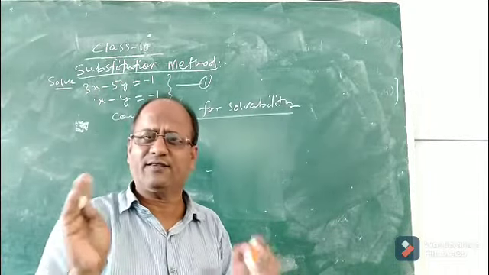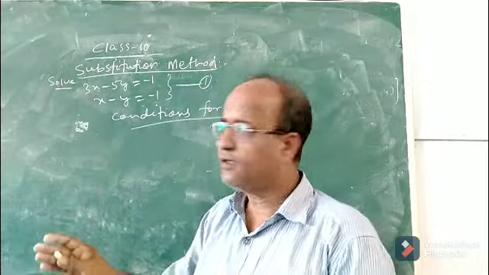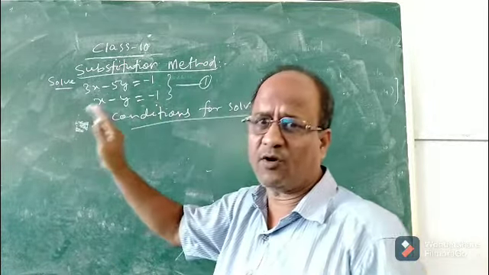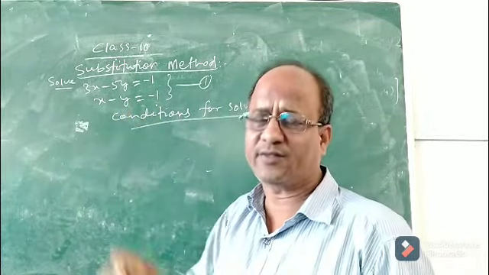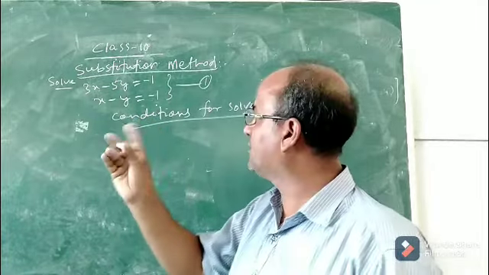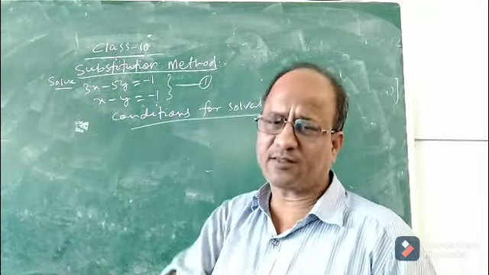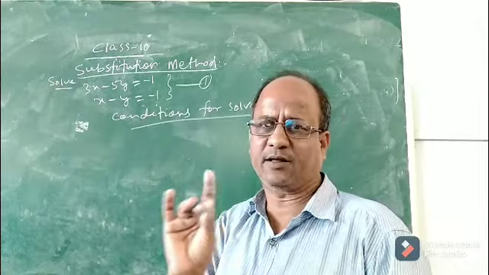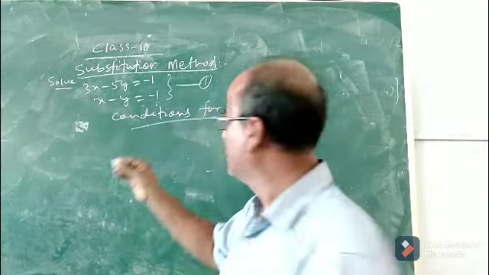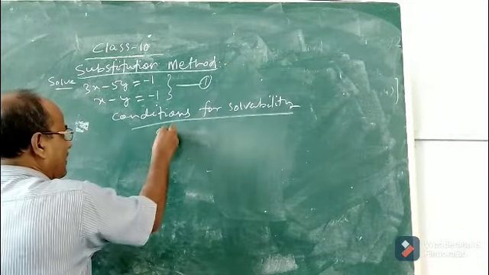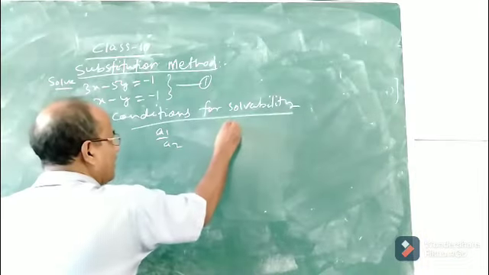So what I mean to say, children, is that before solving any system or pair of linear equations in two variables, whether by substitution method or elimination method or cross multiplication method, first you have to check a1 by a2 and b1 by b2.